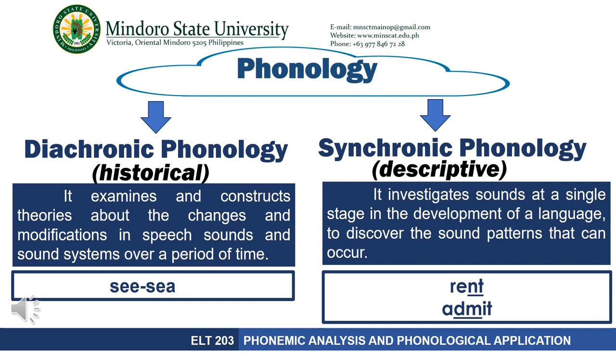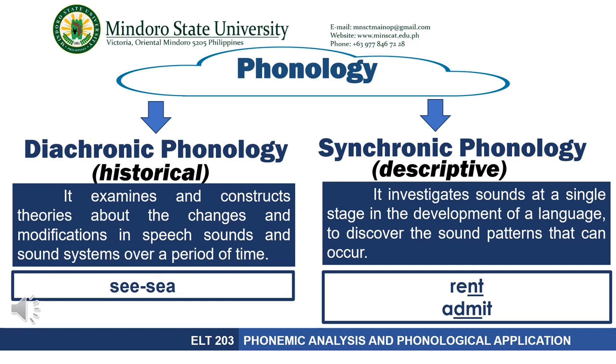Given the example below, it refers to the process by which the English words such as "see" and "sea" have the same pronunciation today, unlike before, when these words were pronounced with different vowel sounds. The second one is synchronic phonology.